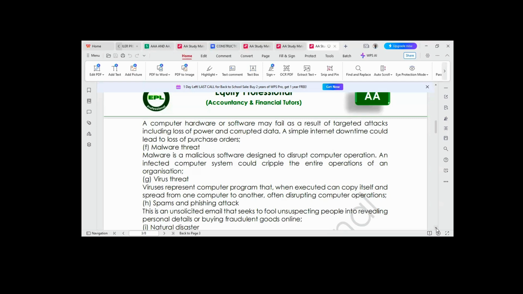So if there's a virus on a flash drive, or on an external hard disk, and you plug it onto the server, it will replicate itself, it will run automatically, and it's going to affect the entire computer resource on the system. We call it virus threat.